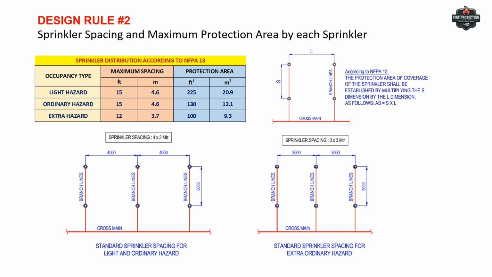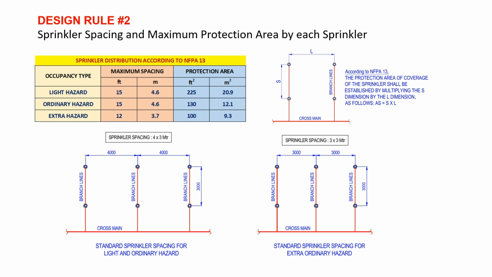NFPA 13 also defines the maximum coverage area for each sprinkler. This is typically based on the type of sprinkler heads and the hazard classification of the area. For example, a standard coverage sprinkler in a light hazard area might cover a maximum area of 2 to 5 square feet, while in an ordinary hazard, it might cover up to 130 square feet.